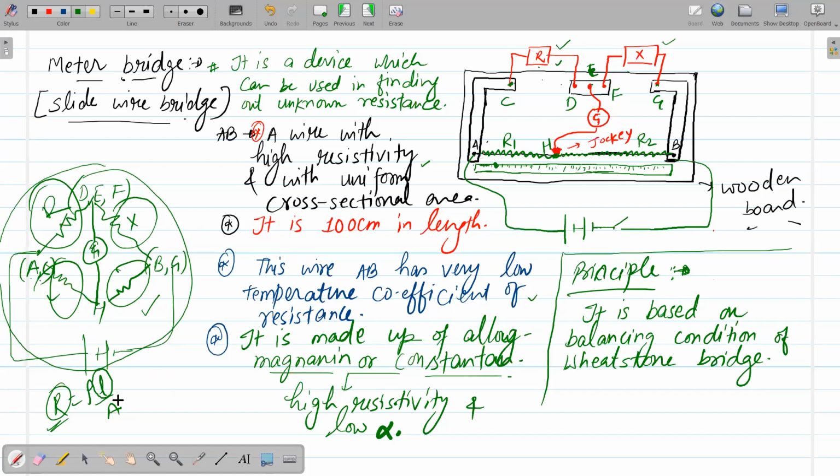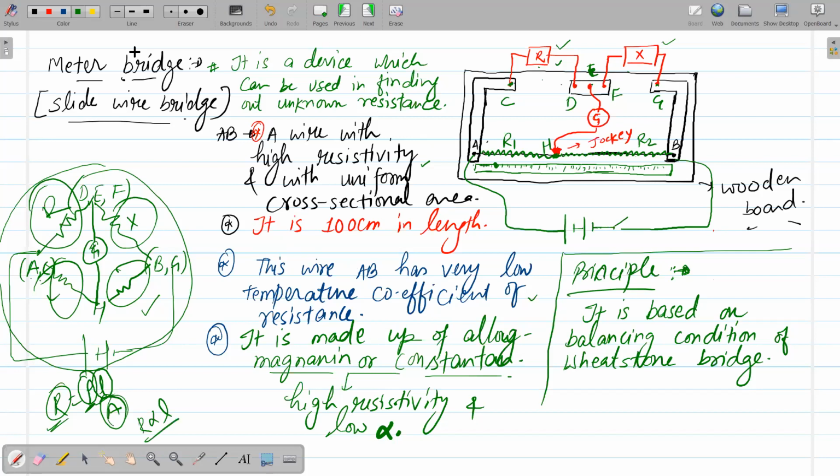And students, listen to one more thing. I have mentioned that the AB wire has a uniform cross-sectional area and constant resistivity. So if you keep rho and A constant, then resistance becomes proportional to length.